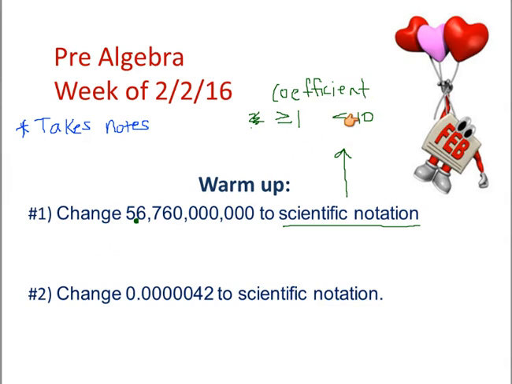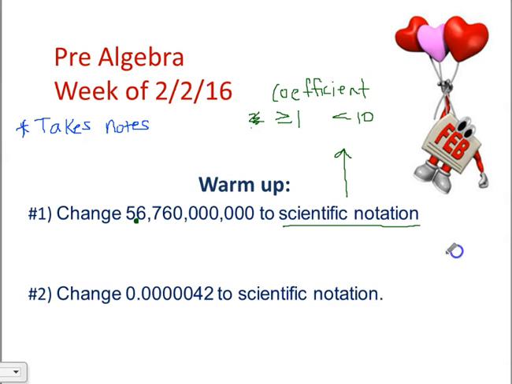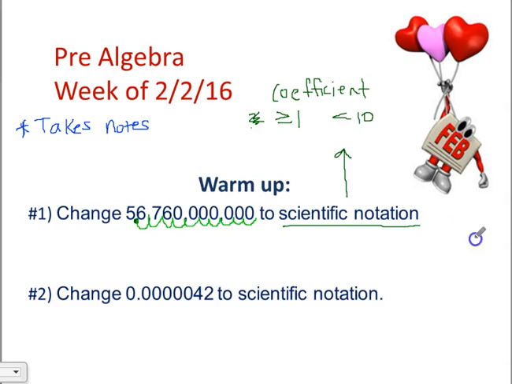Then we need to figure out how many decimal places we are moving that decimal, from the end of the number to where we placed it. So let's count. 1, 2, 3, 4, 5, 6, 7, 8, 9, 10. So 10, that's going to be the exponent.